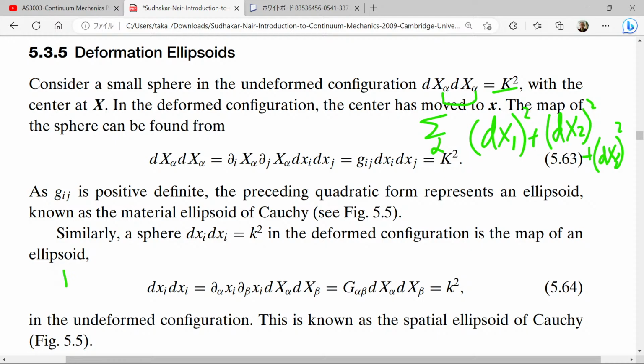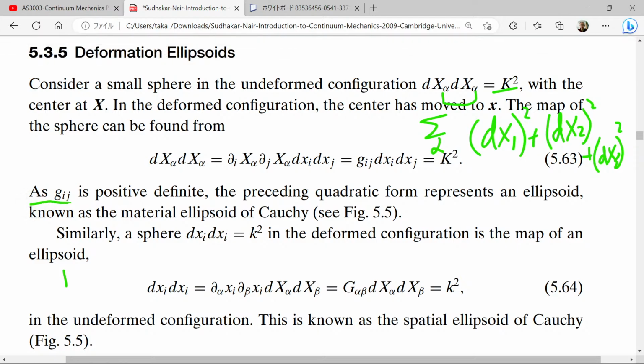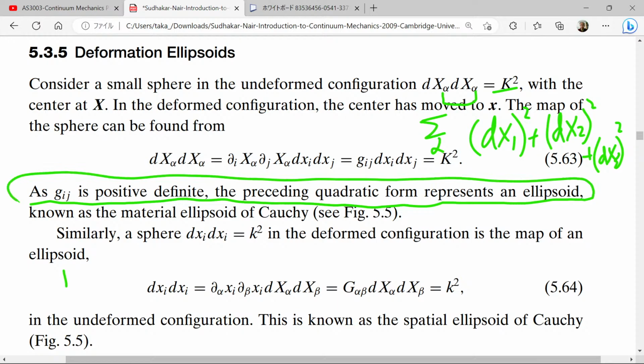As g ij is positive definite, the preceding quadratic form represents an ellipsoid. I'm sorry, I'm not familiar with this math, but if g ij is positive definite, this equation represents an ellipsoid, known as the material ellipsoid of Cauchy.